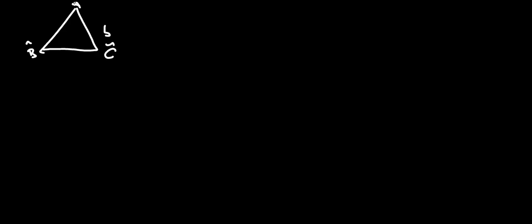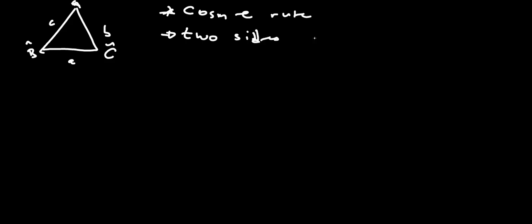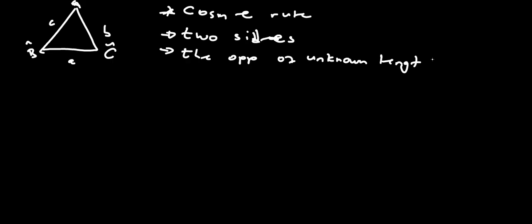So C, capital C, and then this small c, and then A. So for us to use the cosine rule, we need to have two sides and the opposite angle of the unknown length, or vice versa, in that way. So I think you'll be able to understand.